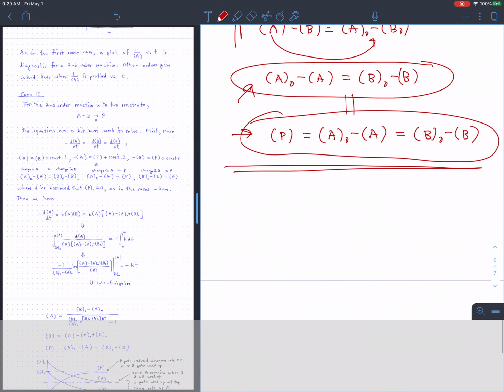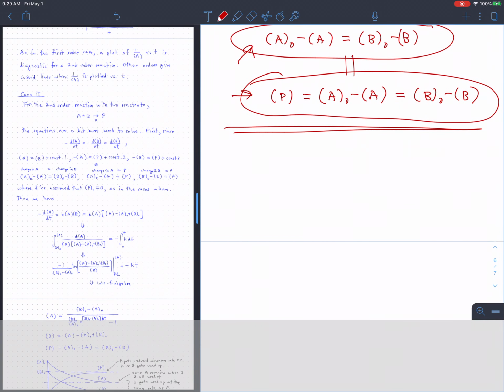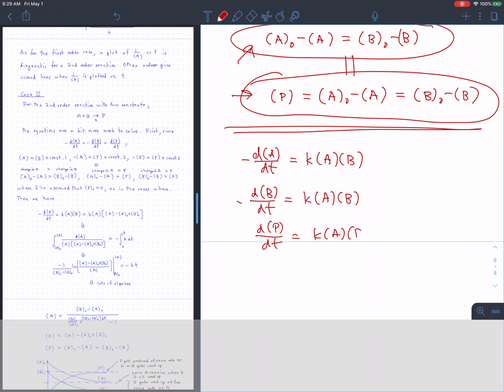All right, now we have to solve the differential equation. There's really two differential equations we could solve. We can solve minus dA/dt is equal to k times A times B, or we could solve minus dB/dt is equal to k times A times B, or we could solve dP/dt is equal to k times A times B. All those things are true, but you notice these are all the same.